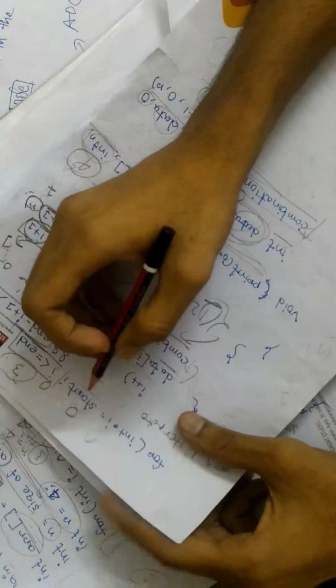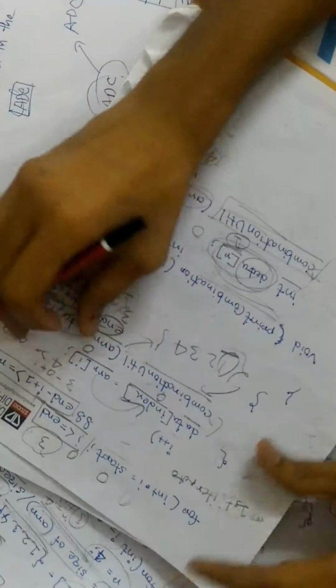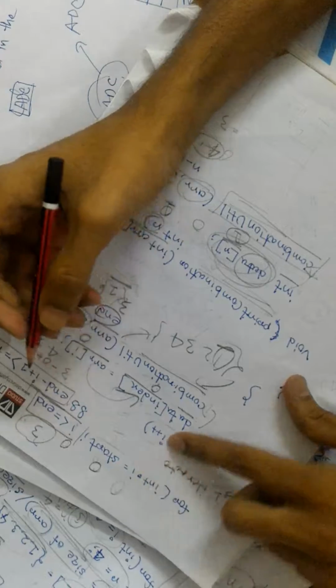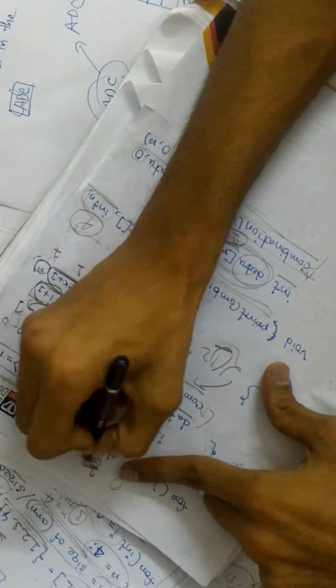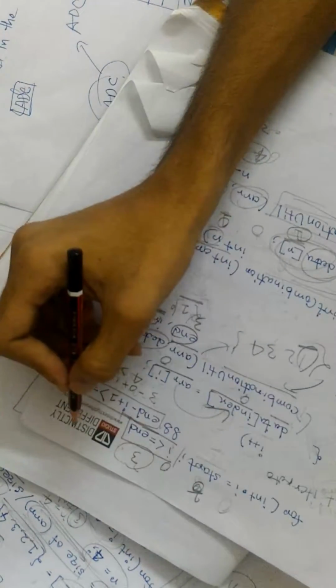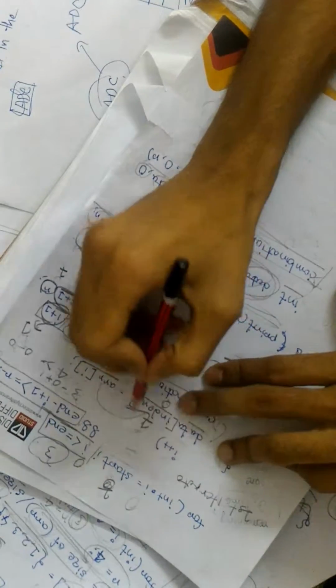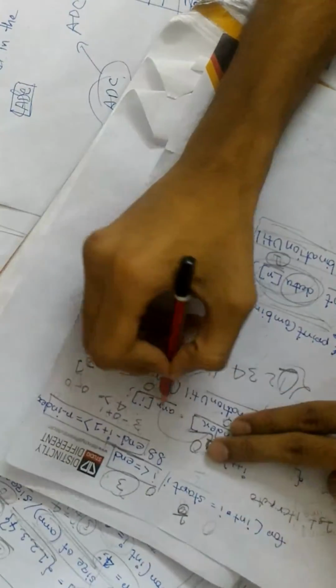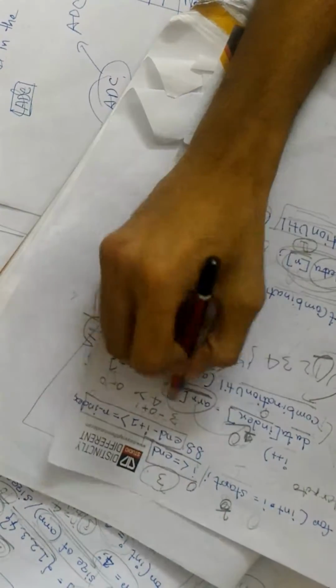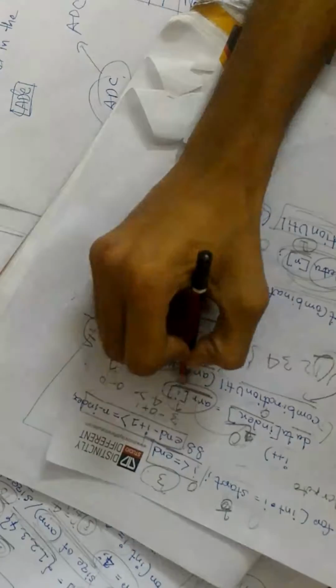Now if we see, again i will be incremented by 1, that means this is 1, and it's also less than or equal to 3, and again this index is 0.